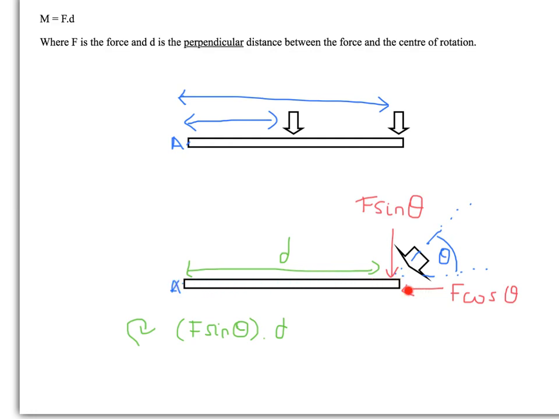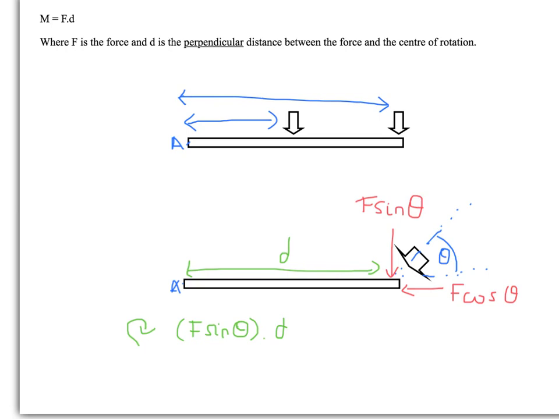So its perpendicular distance is actually 0. If it had been applied up here, you'd have had a perpendicular distance like this, but there is actually a distance in here of 0. So the F cosine theta term doesn't have a turning effect in this case, so its magnitude is 0. So you just have this moment acting on this object here.